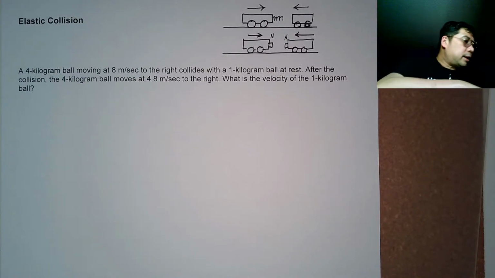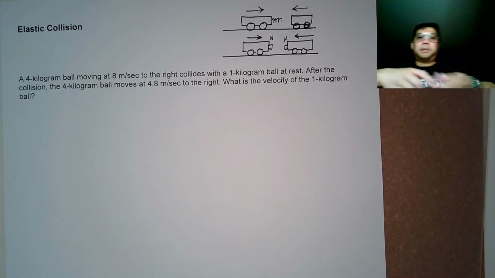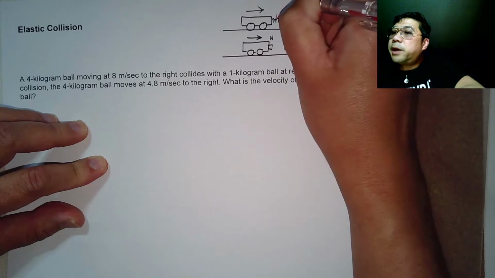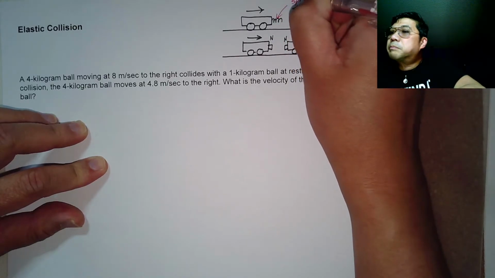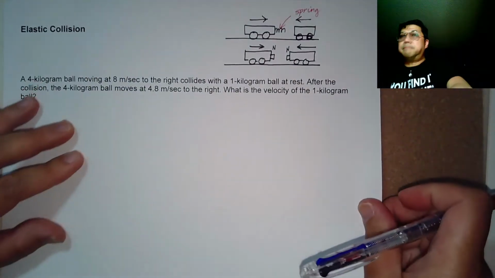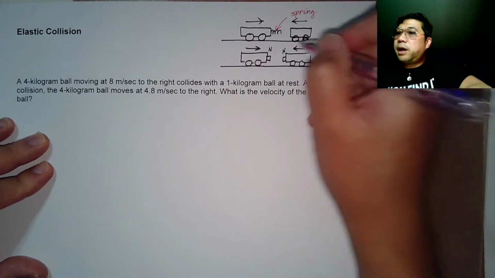Let me write it down and label it using a different color. So here's the presence of a spring. I'll lower it down so you can see. So a spring, and on this side we have magnets.